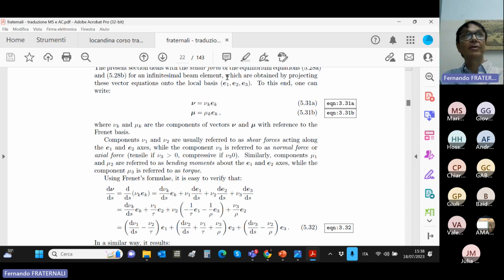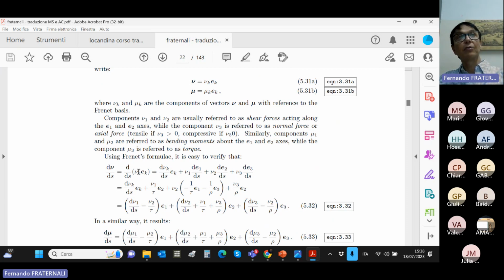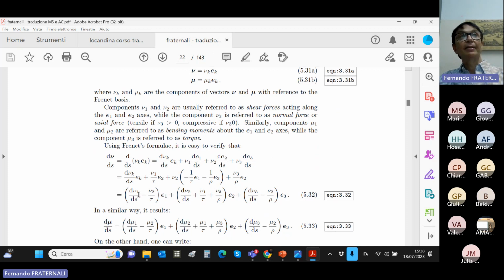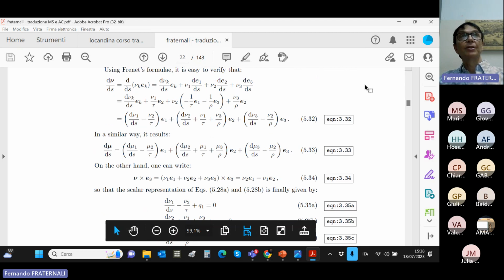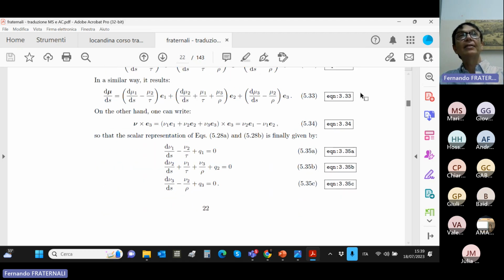So we have to take the derivatives of the components and the derivatives of the base vectors. The same happens for the derivative of mu with respect to s. So we end up with these equilibrium equations. You see that, as compared to the equilibrium equations of the straight beam, we now have the classical terms, and we have additional terms that are associated with the curvature and the torsion of the axis line.